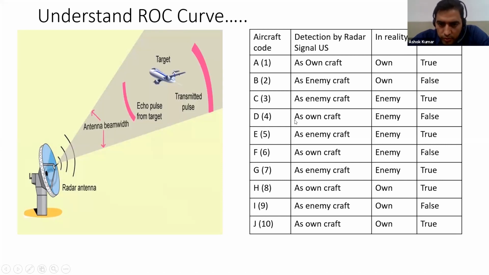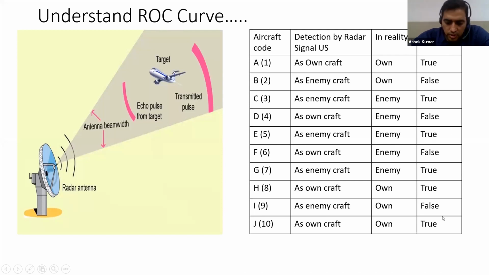D4 was detected as own craft, but it is an enemy, so it's false. Detected as an enemy craft, in reality it is an enemy, it's true, and so on. So we made a table according to the detection by radar as well as reality.